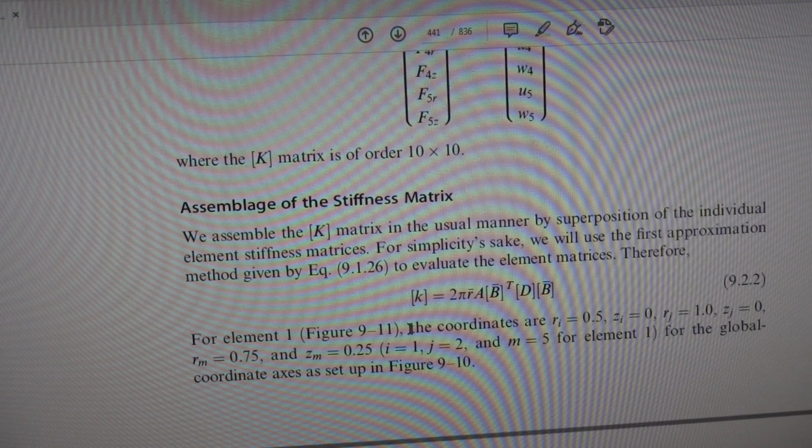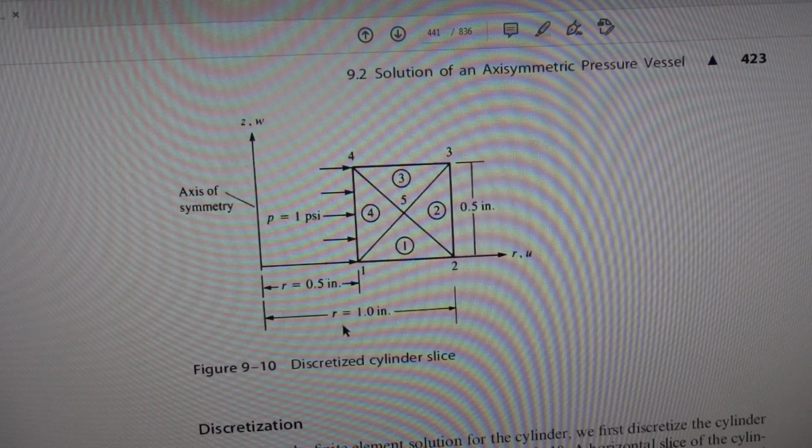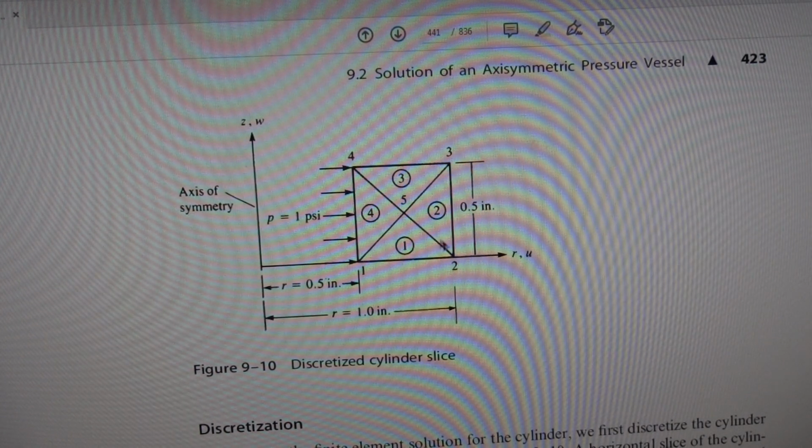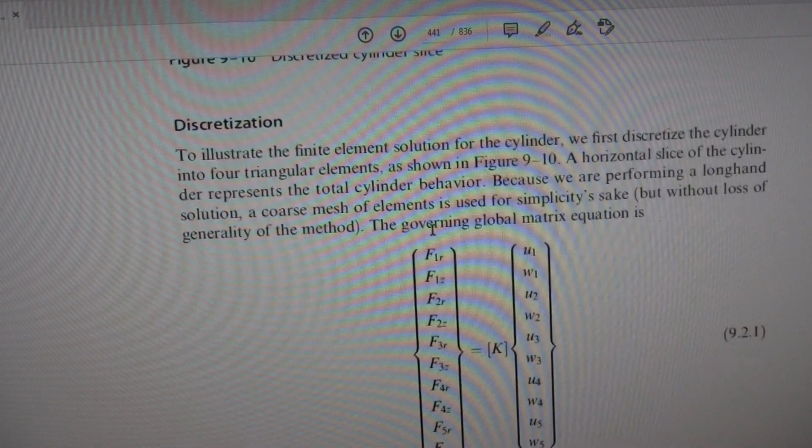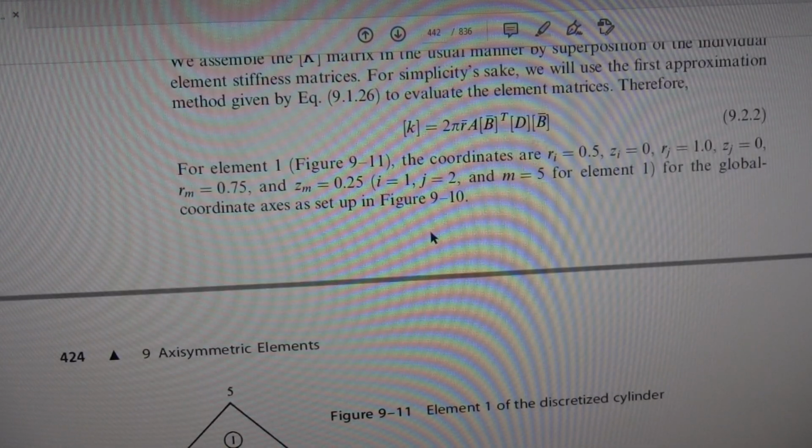Already I discussed that all 4 elements are triangular elements. In this book, the nodes 1, 2 and 3 are denoted by I, J and M. Element 1 has nodes 1, 2 and node 5. So this one is I, this one is J and this one is M, locally 1, 2, 5.